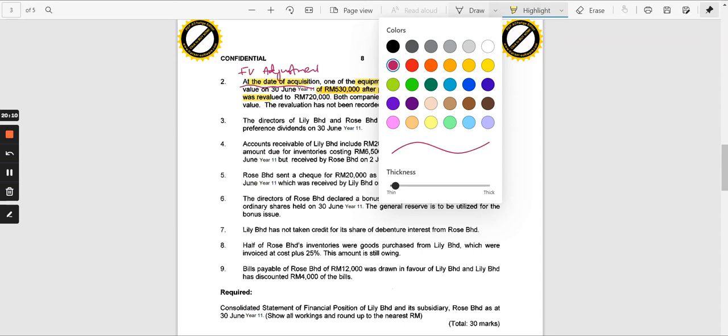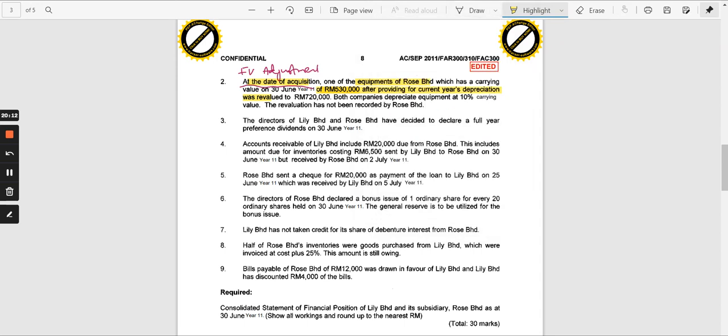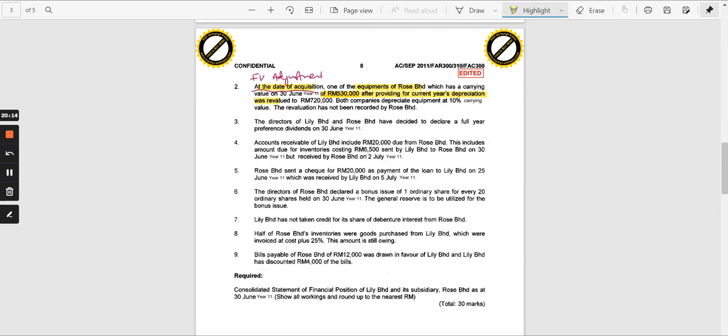subsidiary. So here is where you see things better. The date of acquisition here. So on the date of acquisition, you are informed 1st of July year 9, remember? And on this date, the fair value of the asset is 720,000. So this is the information, and that was the case.